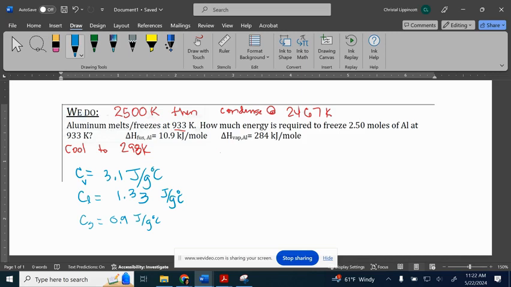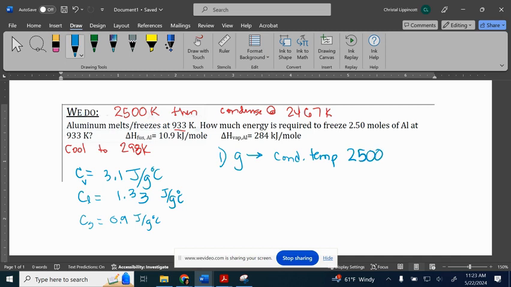Okay, so step one, you need to go from the gas to the vaporization temp. So when it's going to condense, or condensation point. I guess it would be condensation. So we are cooling it from 2,500.